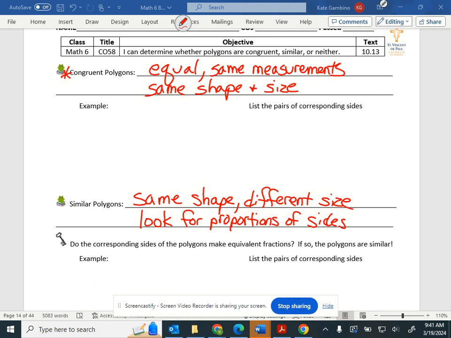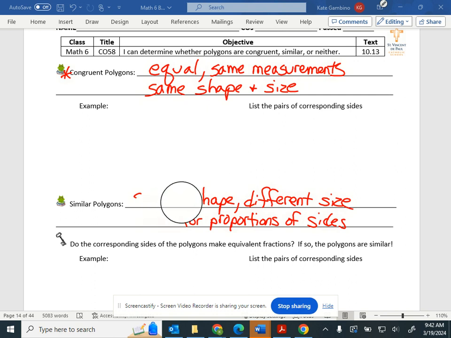That's how we were checking for 59. Side over side, divide it down so you get the same decimal for each side, corresponding sides. Are the sides proportional? Do corresponding sides divide down to the same decimal? If they do, they are proportionate and they are similar polygons. Any questions on that one?